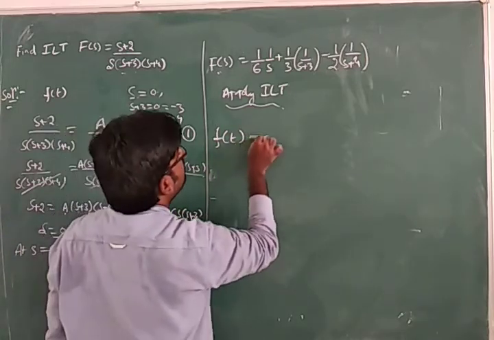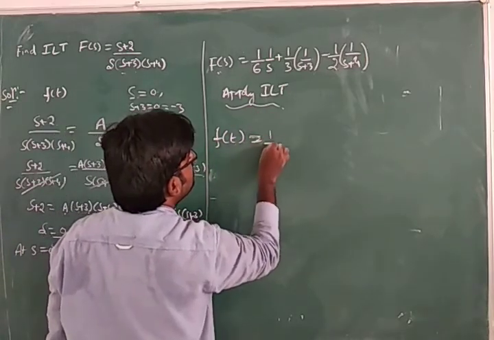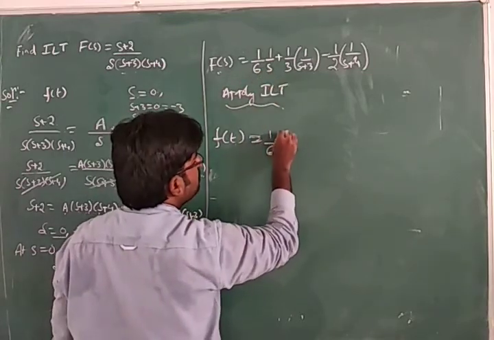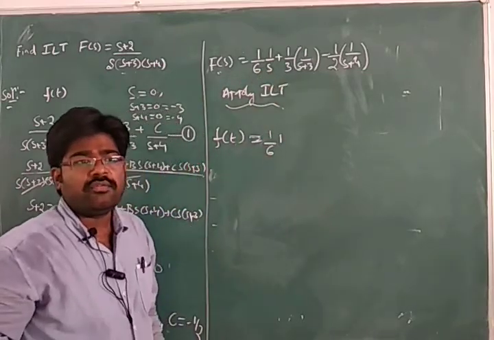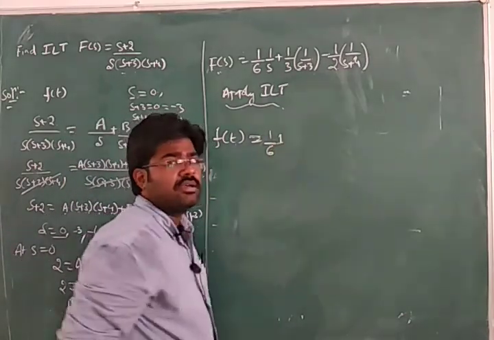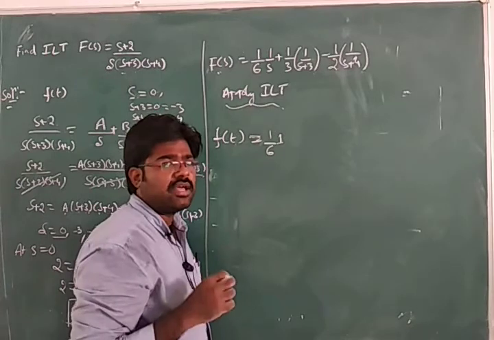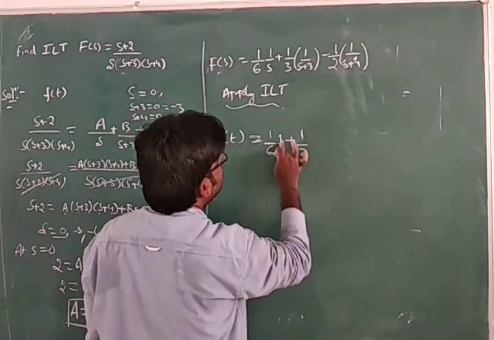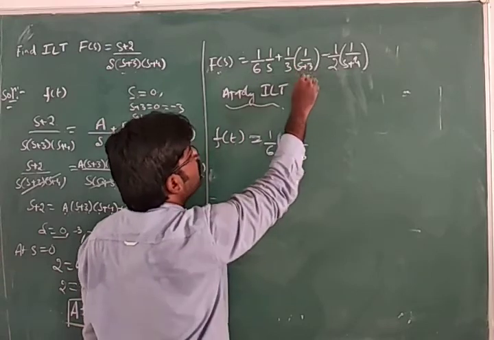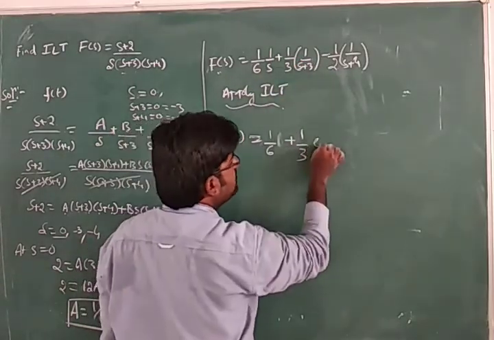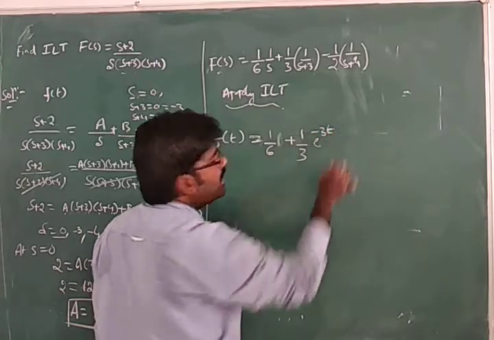1/6 into inverse Laplace of 1/s is 1, because u(t) is 1; if t is greater than 0, its value is always 1. Then plus 1/3 into inverse Laplace of 1/(s+3) is e raised to -3t.